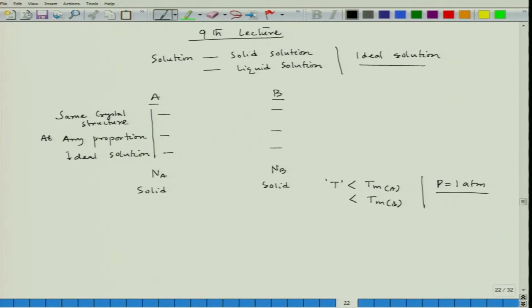We are fixing this pressure at 1 atmosphere. Whenever we mix them, it will form solid solution.